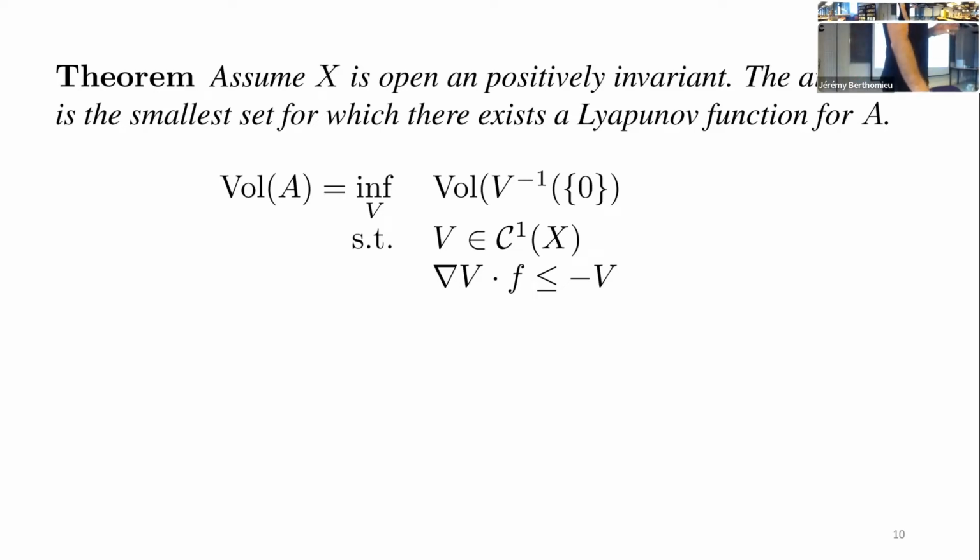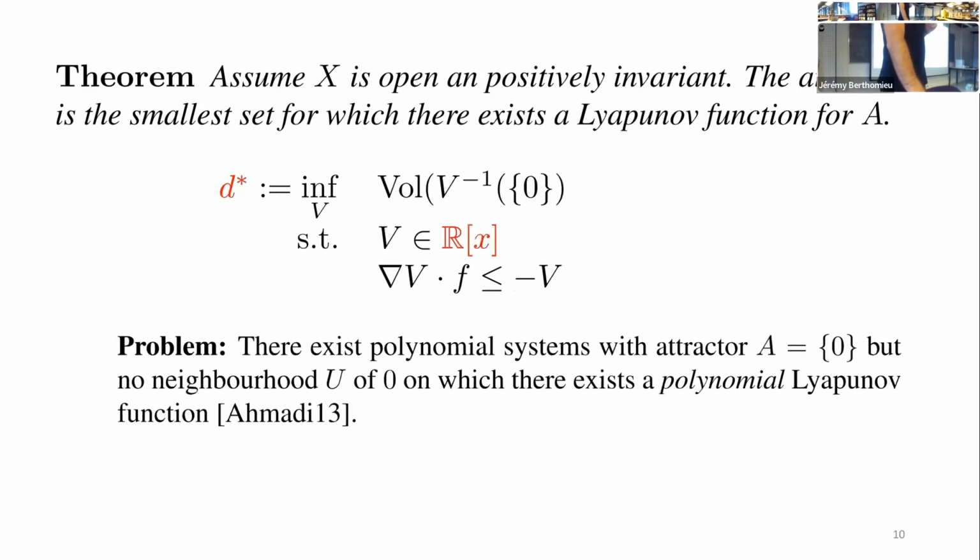But there's a fundamental problem with this approach if I want to do polynomial optimization. Namely, what I would like to do is replace the set of C1 functions by a set of polynomials and then solve this by sum of squares techniques. But it can happen, even for the easy case where the attractor is just a single point, that I cannot find a polynomial Lyapunov function.